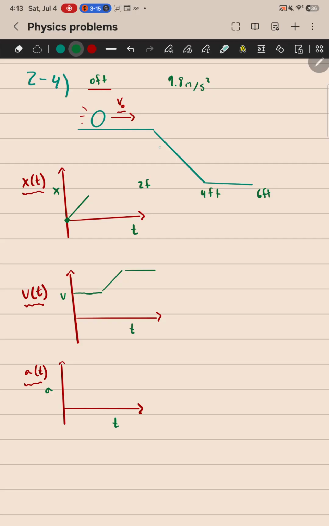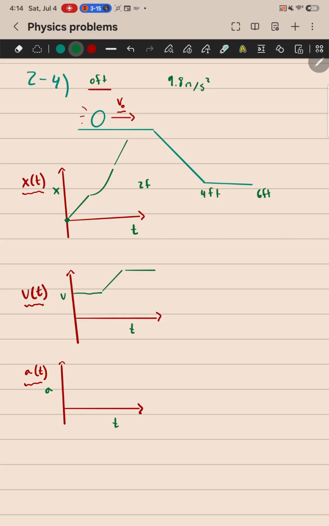As we go down this ramp here, we have a linear change in our velocity, which will cause a quadratic change in our position, and then at the end we'll stay at the same slope, like so.